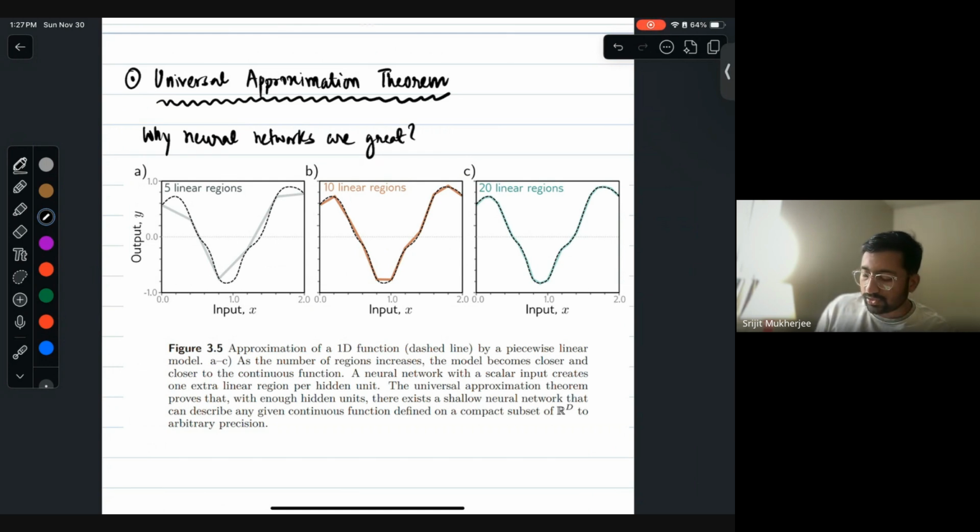We have already seen that neural networks are built up of simple elements, and they should approximate. We have already seen this is simple. Now is the time for approximation.